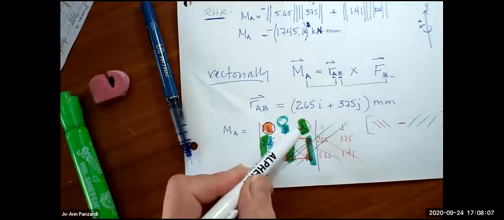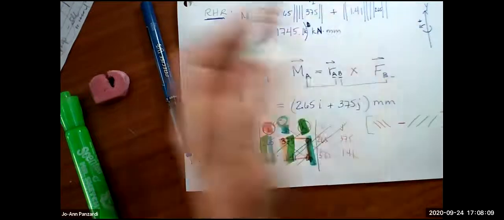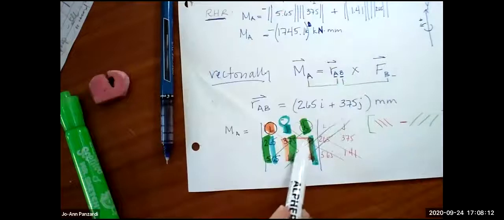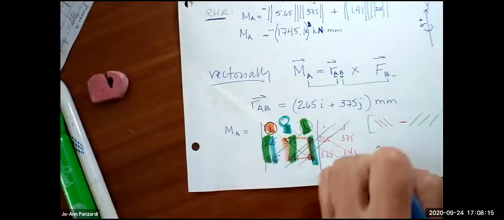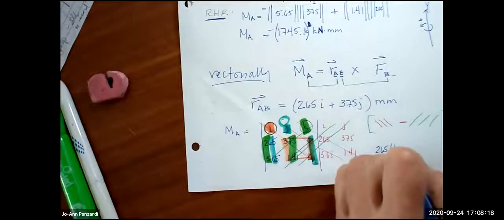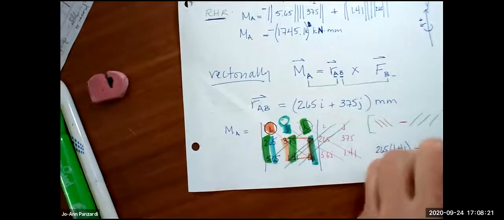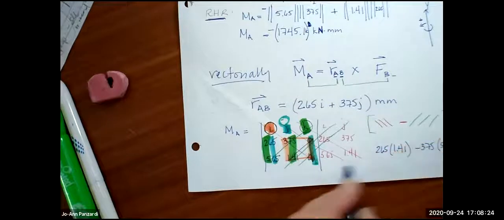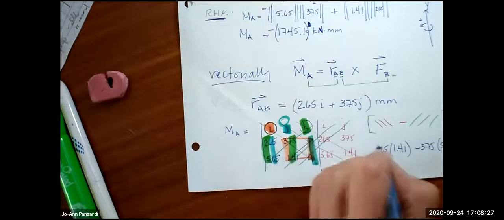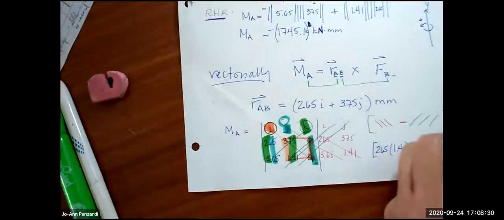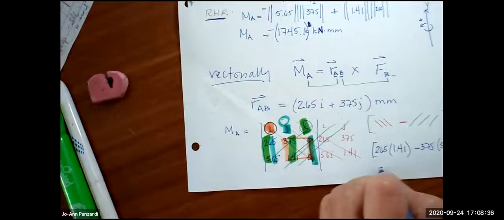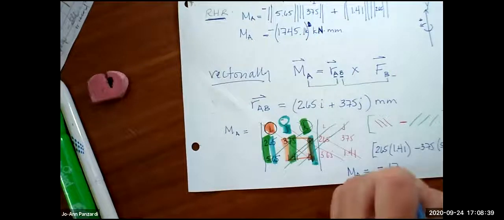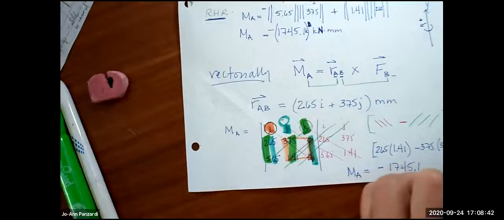The only thing is the K, which is correct because the force is in the 2D plane, so the moment has to be in the K. So it turns out to be 265 times 1.41 minus 375 times 5.65, and it's all in K, in kilonewton millimeters, and the answer turns out to be negative 171,745.1 K kilonewtons millimeter. Let me just move it up in case you can't see it.